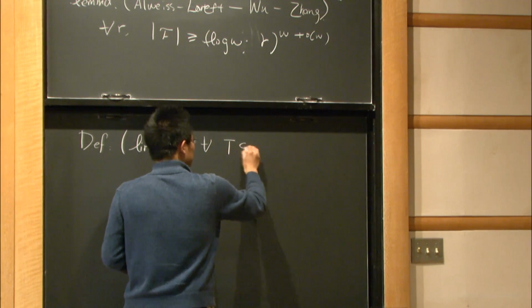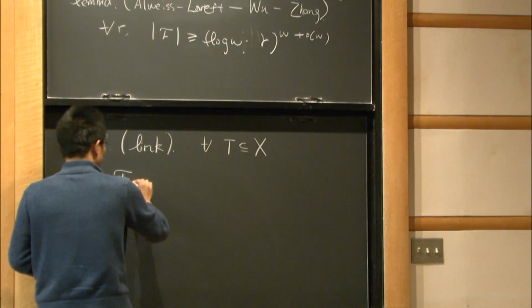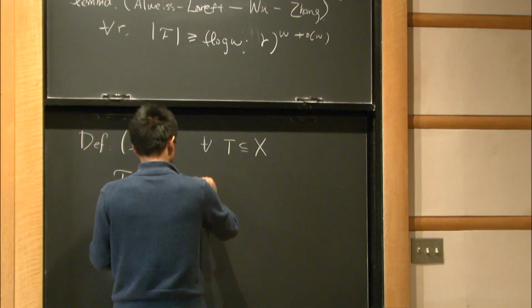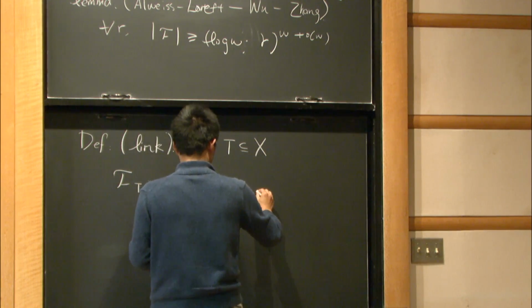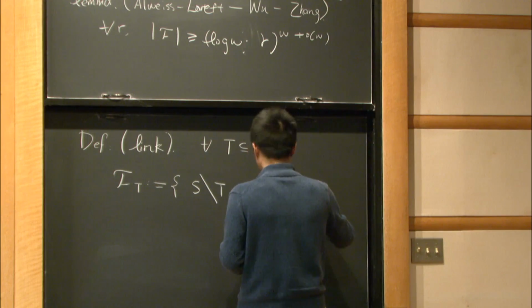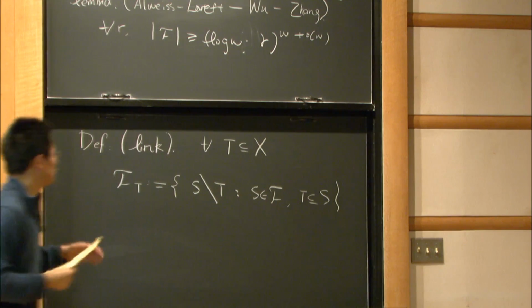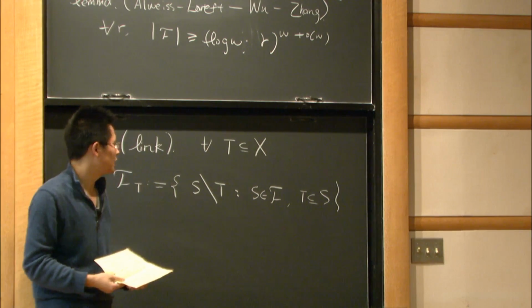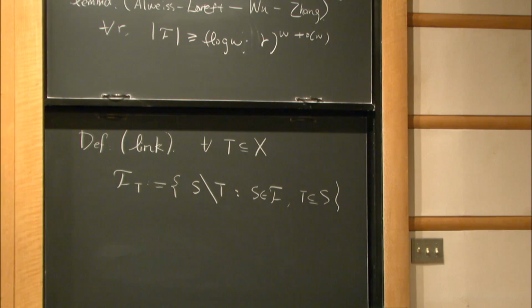For any t a subset of X and f a set system, we define the link of t as the set system of s minus t for s in f containing t. Given t, we take all the sets that contain t as a subset and then remove t. We can check this with an example.